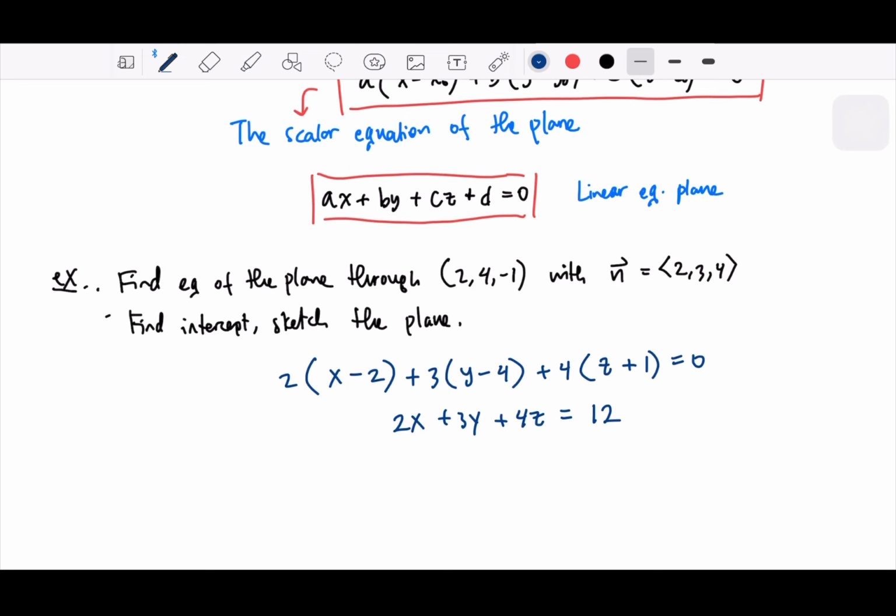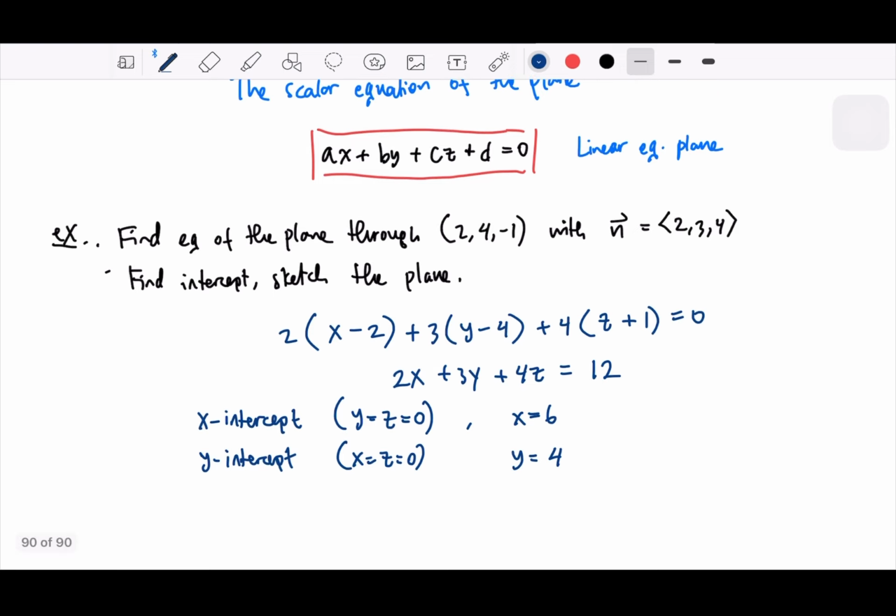And to find the intercept, x-intercept, this is where y equals z equals 0. So x will be equal to 6. Y-intercept, this is when x equals z equals 0. So y will be 4. And the same with z. So z will be equal to 3.